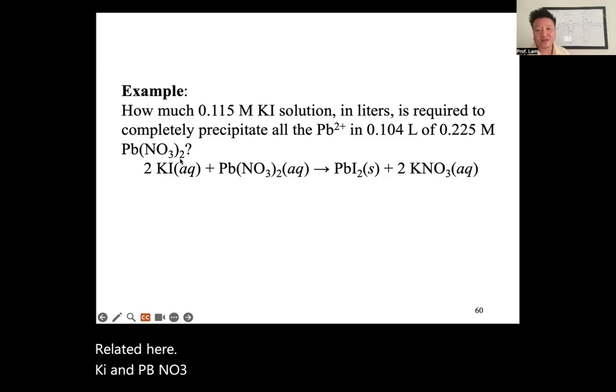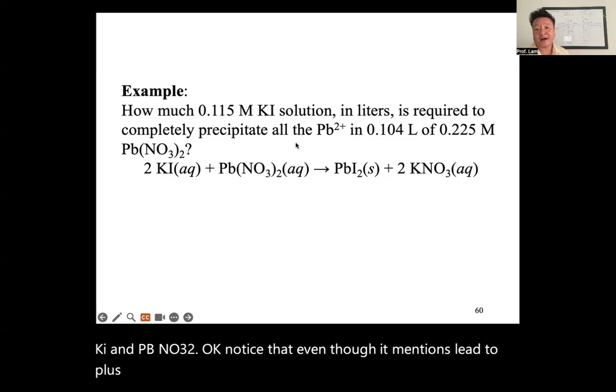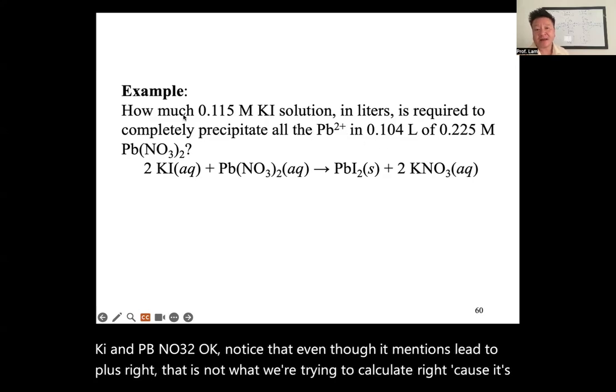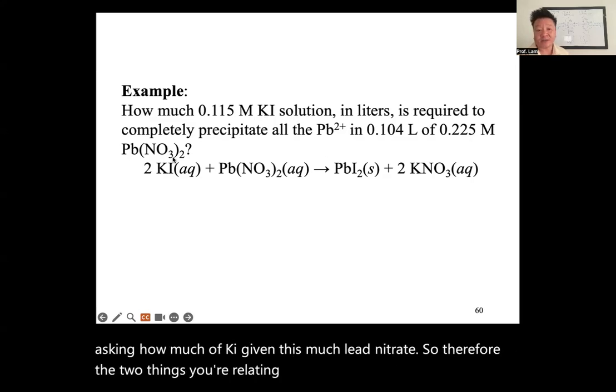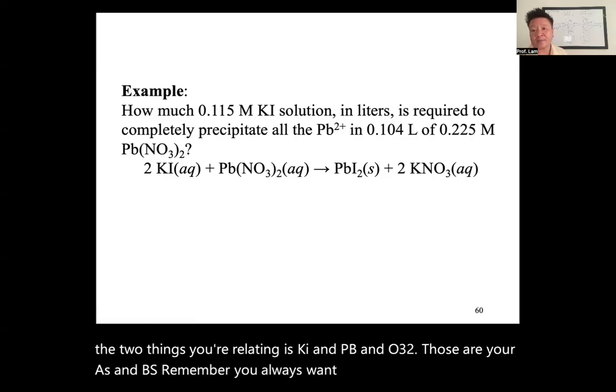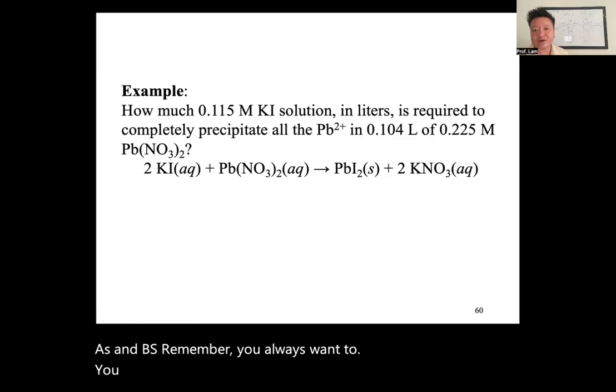Notice that even though it mentions lead 2+, that is not what we're trying to calculate, because it's asking how much KI given this much lead nitrate. So the two things you're relating are KI and Pb(NO3)2. Those are your A and B. Remember, you always want to figure out what A and B are first. Okay, all right, so let's do this one on the board.